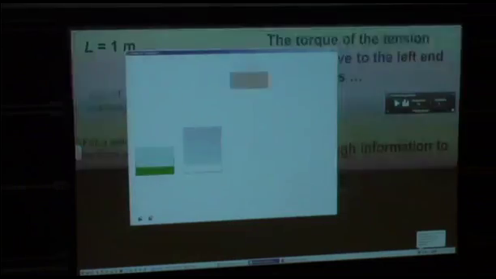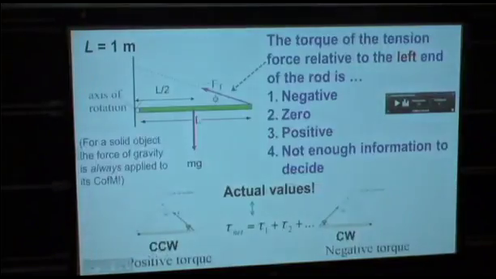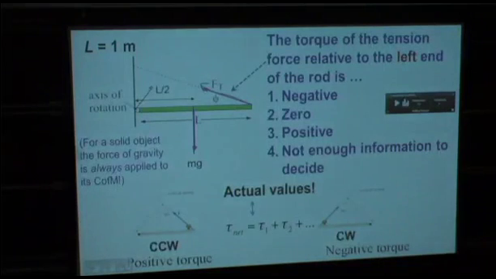So the most popular answer is number 3, and number 3 is this. Relative to the left end, so we choose the axis here, it's counterclockwise, which is positive.